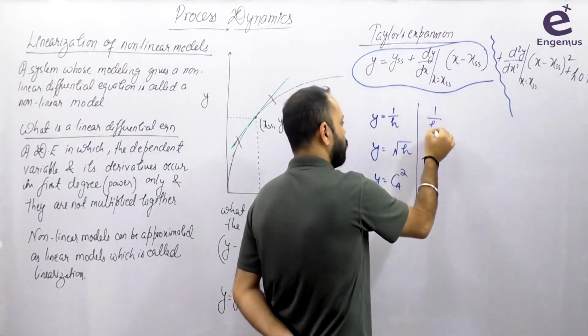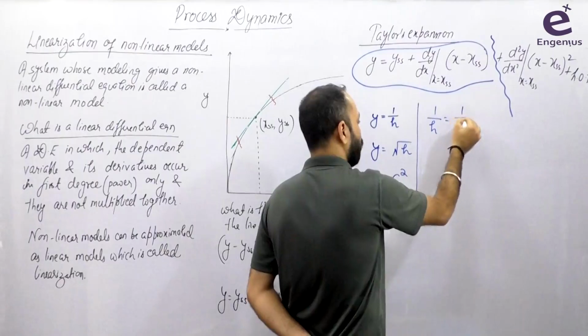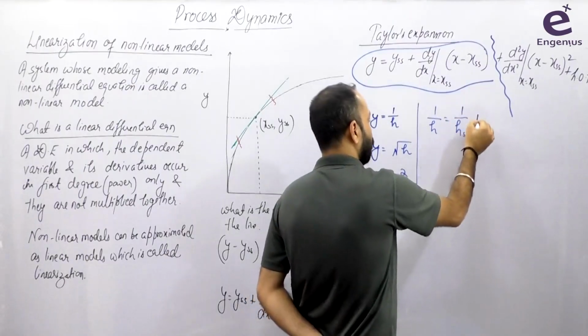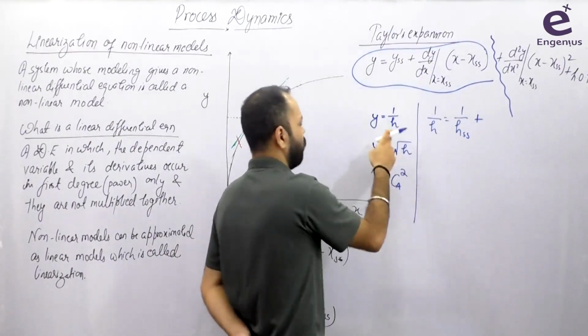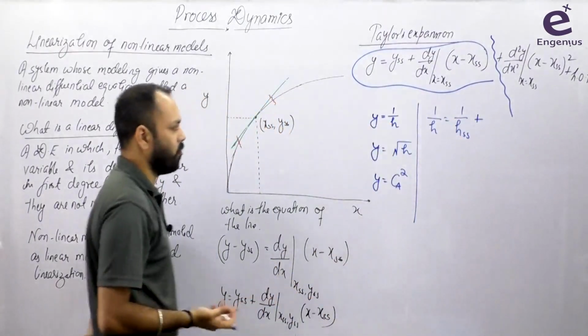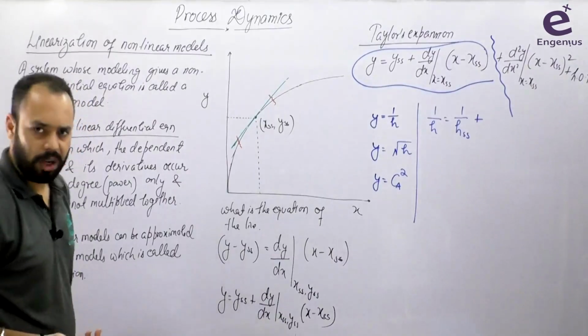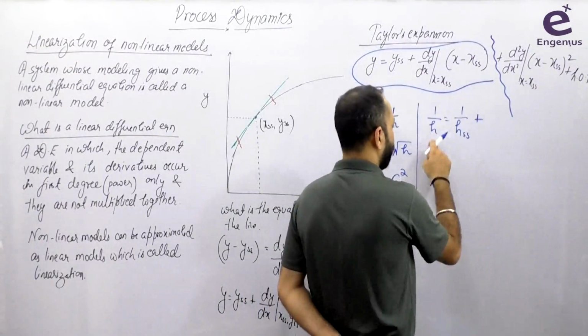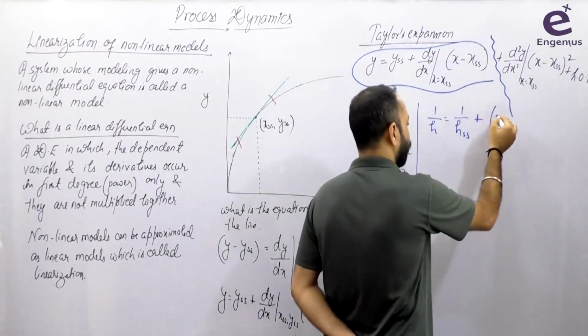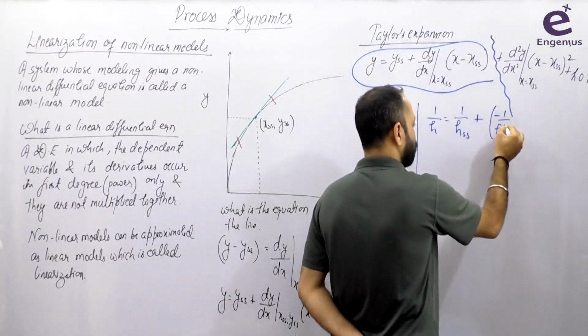How? 1 by h is equal to 1 by hss plus dy by dh. I mean, see, y is a function of h here, so I will differentiate with respect to h, not with respect to x. So what is the dy by dh? What is differentiation of 1 by h? I think minus 1 by h square, right?